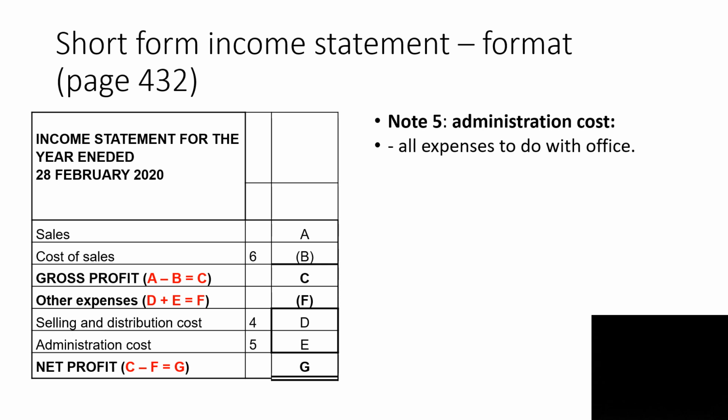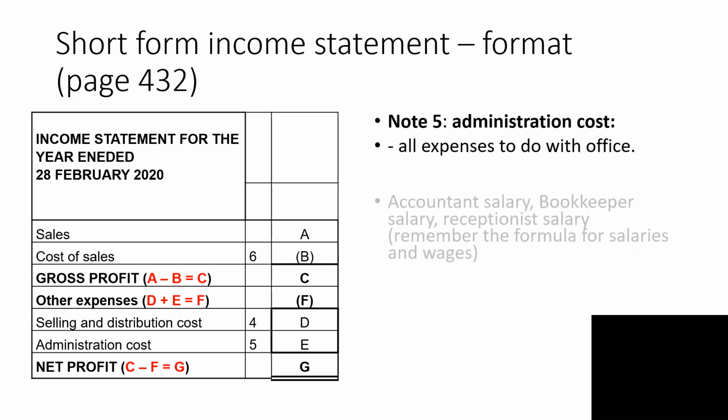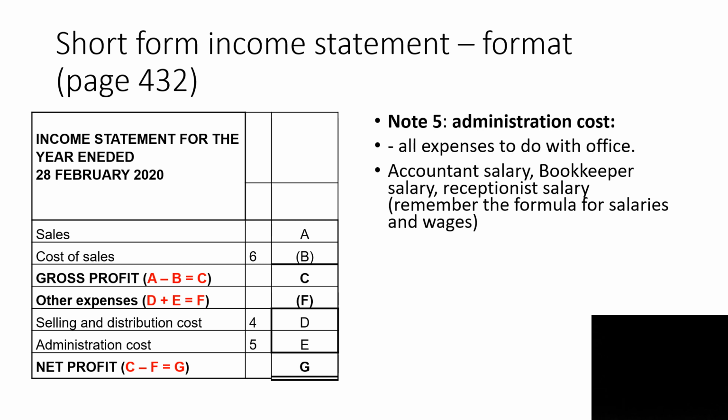However, there are some expenses which do not need to be apportioned. They are specifically for this department. These expenses include accountant salary, bookkeeper's salary, receptionist salary, even the factory cleaners, even the office cleaners.